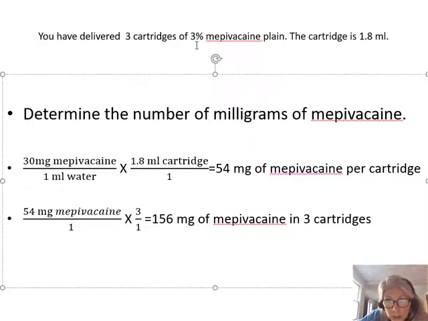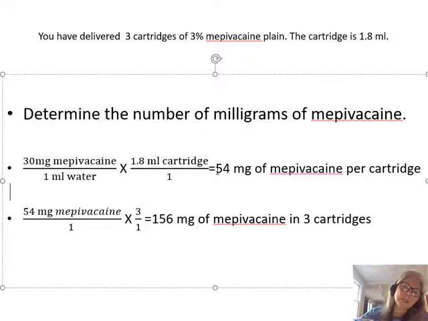So what does 3% mean? It means 30 milligrams of mepivacaine in 1 milliliter of water. The cartridge is 1.8 milliliters, so we multiply and we determine that we get 54 milligrams of mepivacaine per cartridge.